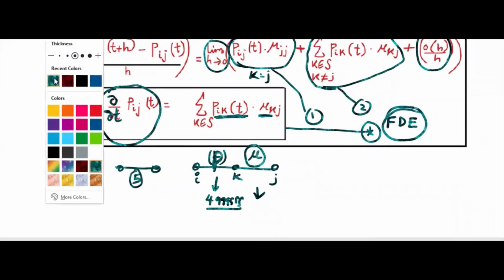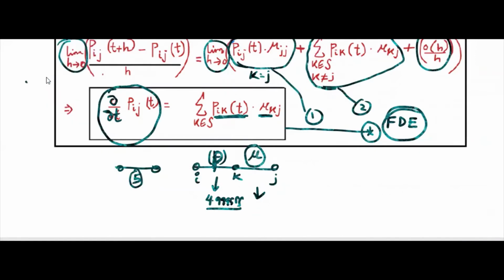If you compare with the discrete one, it's 1 to 19, and this is 1. This is instant and this is whole in forward differential equation. We'll see in the backward differential equation, mu will come here and P will come to the right. This is the forward differential equation.